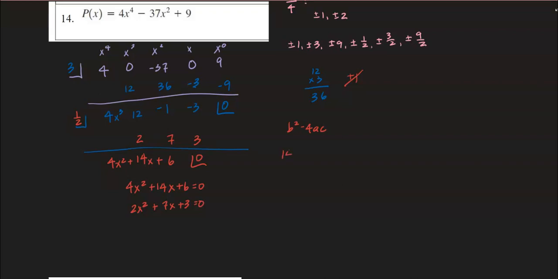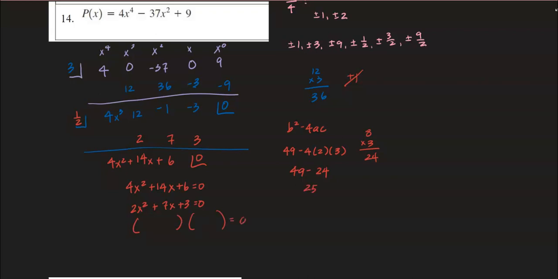So that's 49 minus 4 times 2 times 3. 49 minus 8 times 3 is 24. 49 minus 24 is 25. Yes, this is factorable.